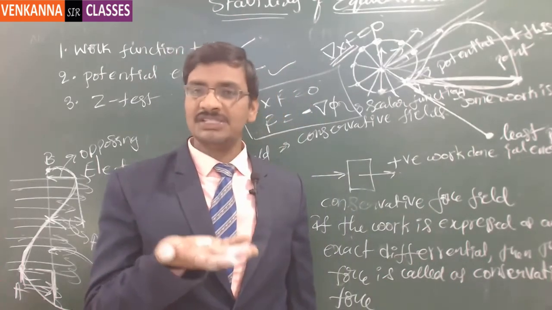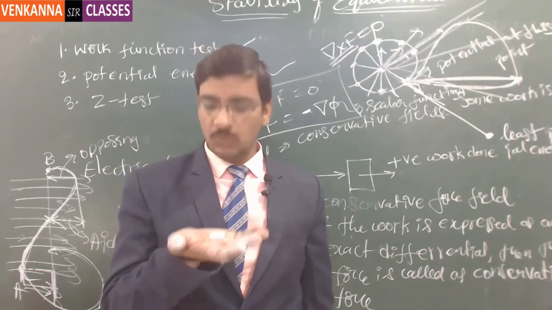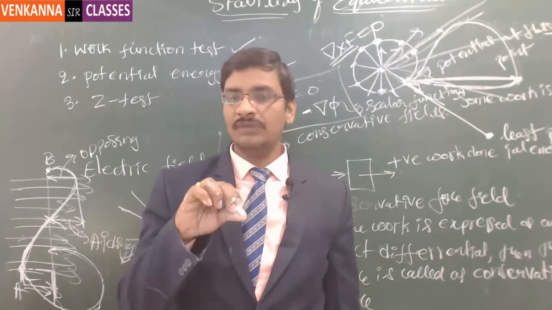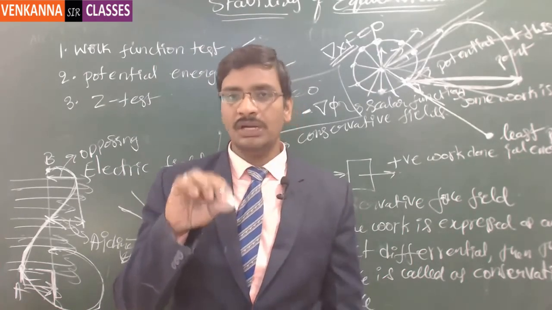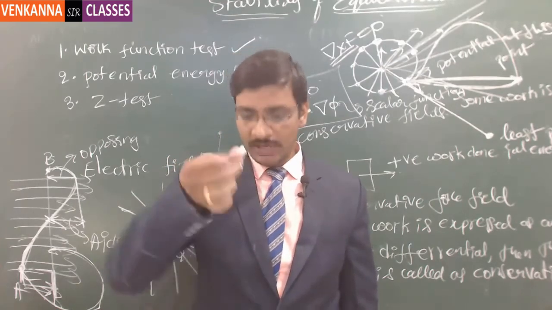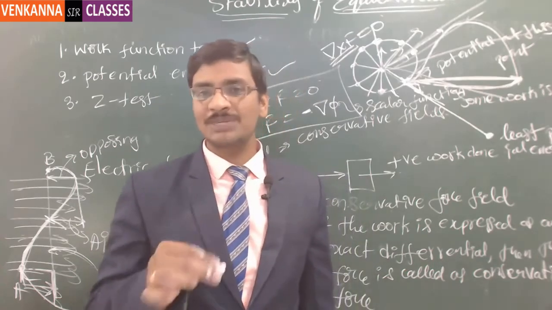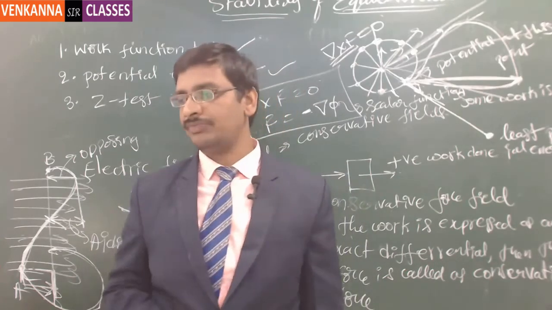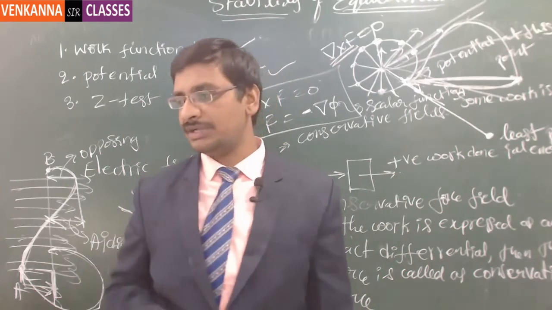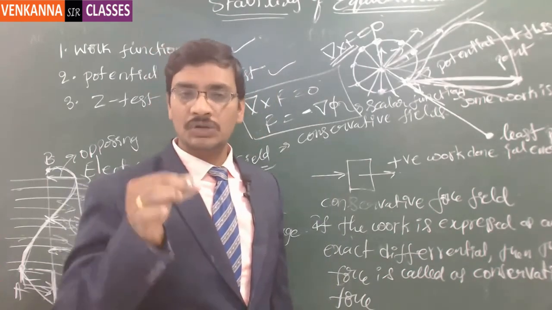Because for this chalk piece, there is no other choice. It can get the least potential energy only in my hand now. Suppose I leave it like this, then compared to the ground, it knows it has more potential energy. So when it goes down and stays on the ground, it has the least potential energy, hence it will stay there. So it always tries to search for the least potential energy, and when there is the least potential energy, it is going to stop there.